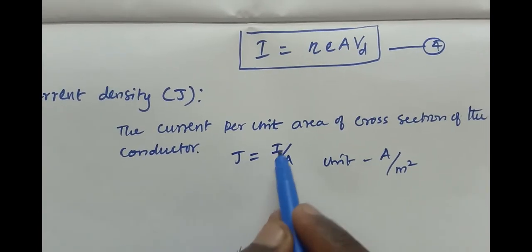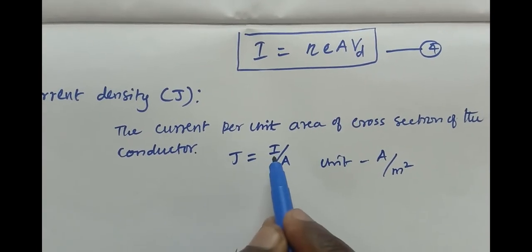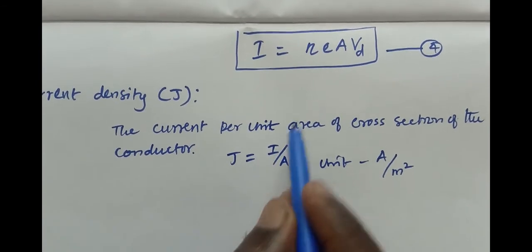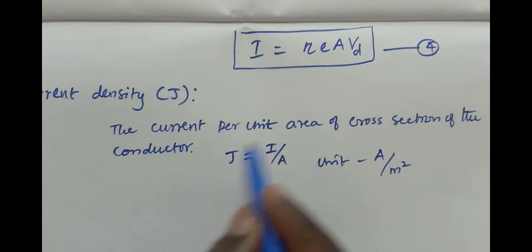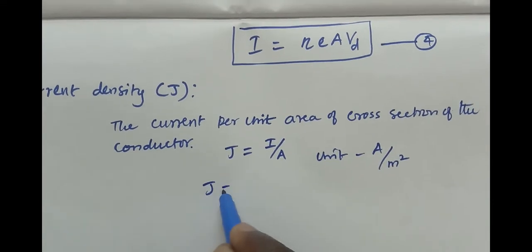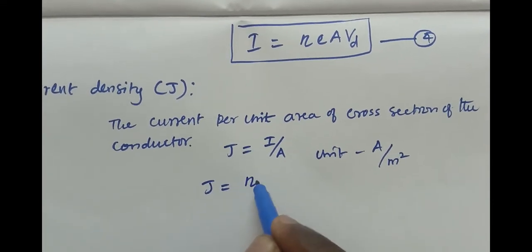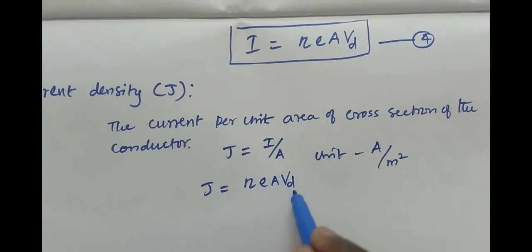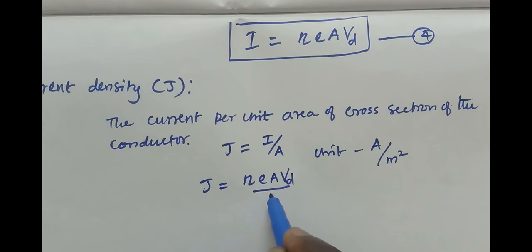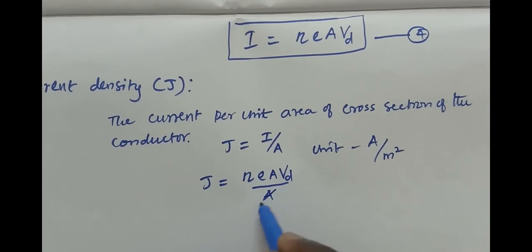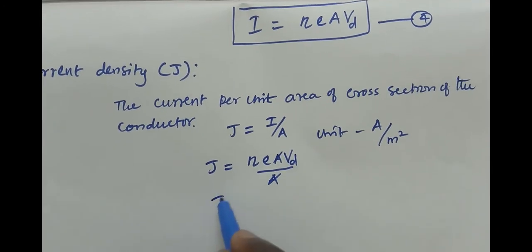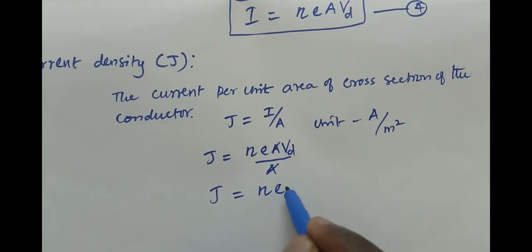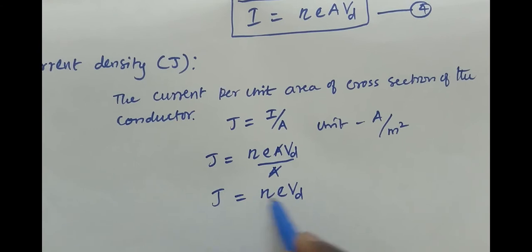Now we already know the relation between current and drift velocity from equation number 4. Substitute here. Therefore, J is equal to n e A vd divided by A. Now A is cancelled, therefore current density is equal to n e vd.